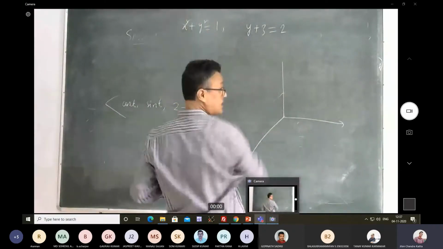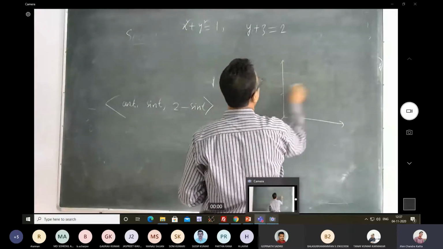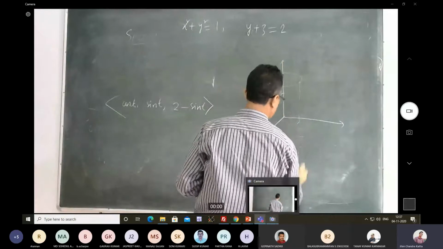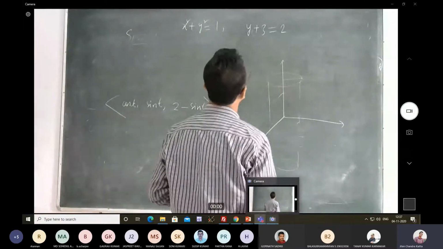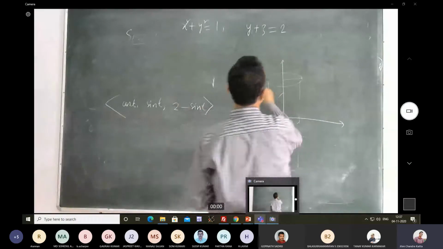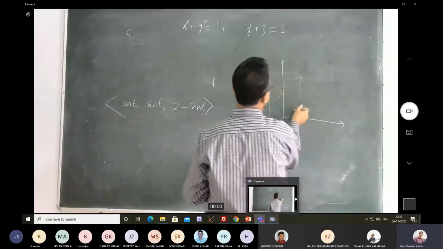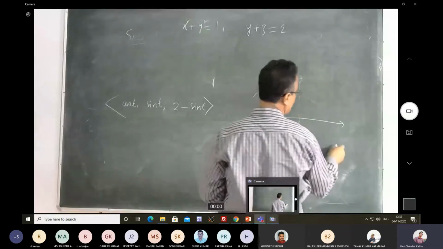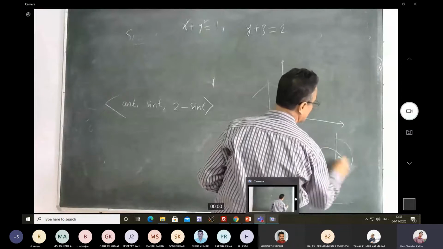Fine. So this is going to look something like what? Obviously, this is nothing but the cylinder, with radius 1, and then this is a plane, so it is going to be something like this. The plane is going to cut the cylinder in a circle.